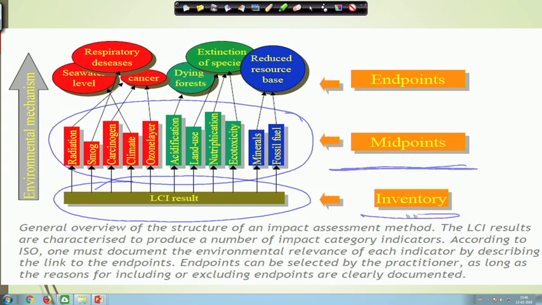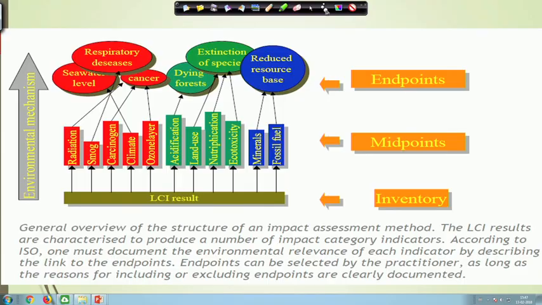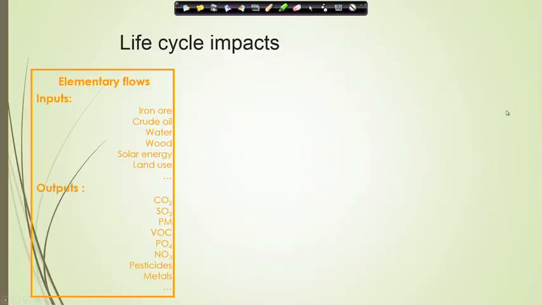From the inventory, which is all those data you saw like SOx and NOx and particulate matter, we can relate this to the impact, which is called midpoint impact. From the midpoint impact we can go to the endpoint impact, where you look at reduced resource base, extinction of species, respiratory disease, sea level rise and all those kind of things. So, that is your environmental mechanism in terms of the endpoint.